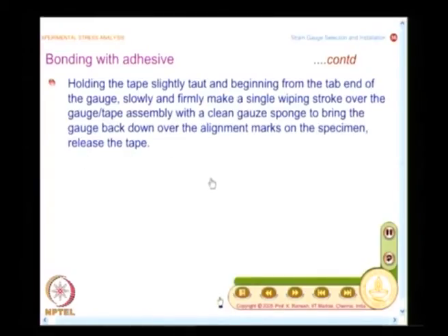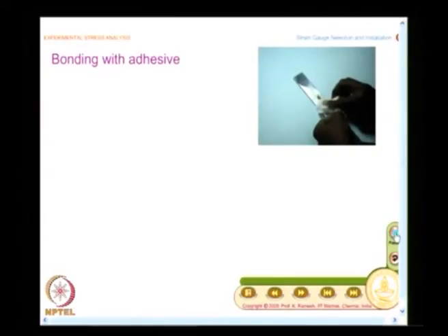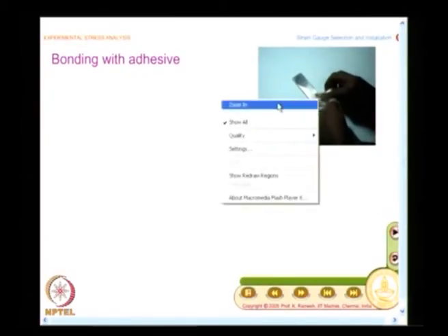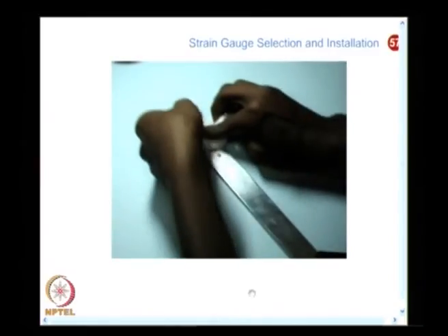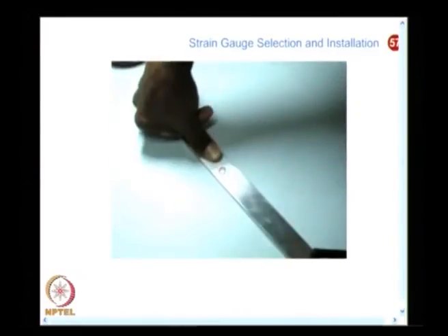I will show the animation, and this idea will become very clear. And this is what you see here. So, you need to press it with the thumb at the end of the process.